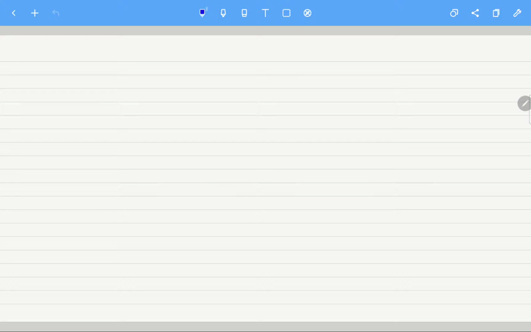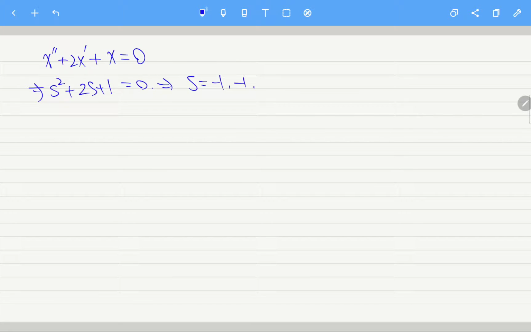for example, if we have a constant coefficient ODE like x double prime plus 2x prime plus x equals 0, then we know that we have the auxiliary equation, or the characteristic equation, to be s squared plus 2s plus 1 equals 0. Then we have s to be minus 1, minus 1, which is repeated real roots.